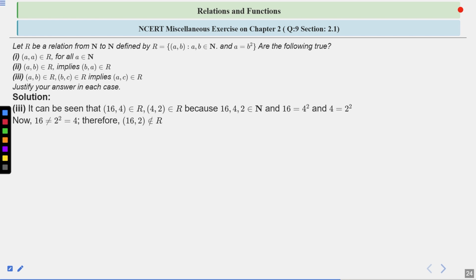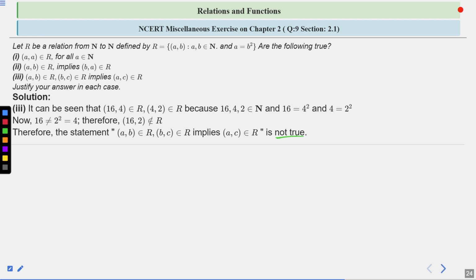No. Why? In order for this pair to belong to R, 16 must be equal to 2 square, but this is not equal. So again we are getting false, or this statement is also not true.